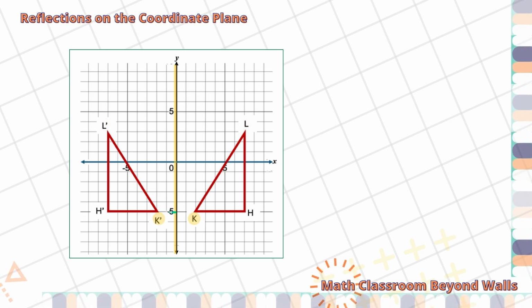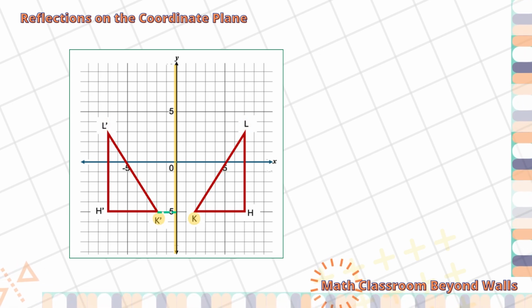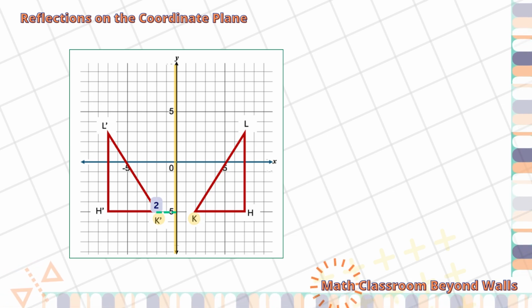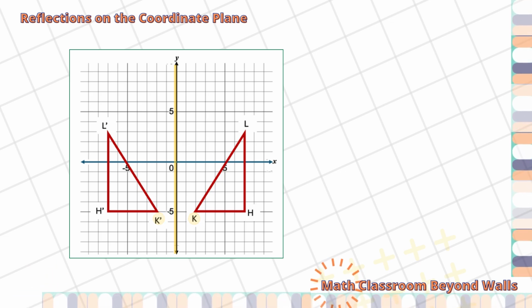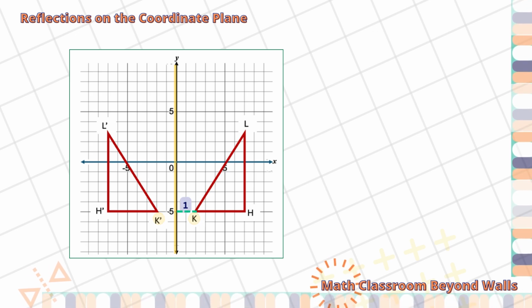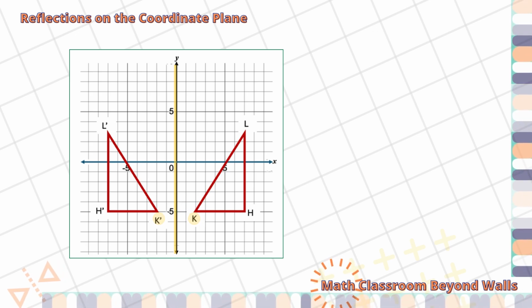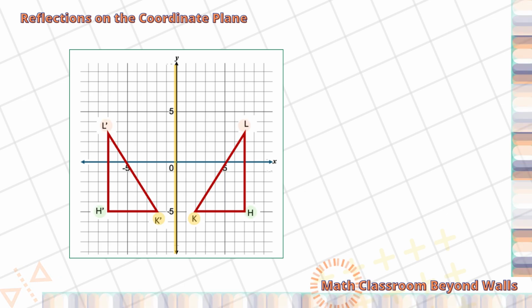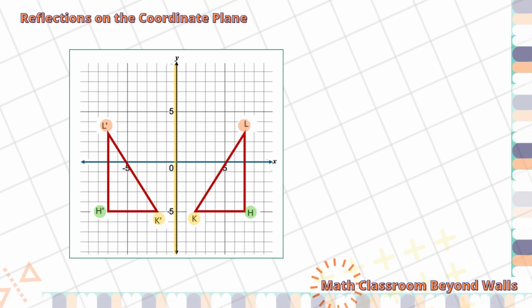Checking the distance from the line of reflection to point K prime, we have 1, 2. From the line of reflection to K, we have 1, 2. So the same distance as well, 2 units. This is true for all corresponding points.